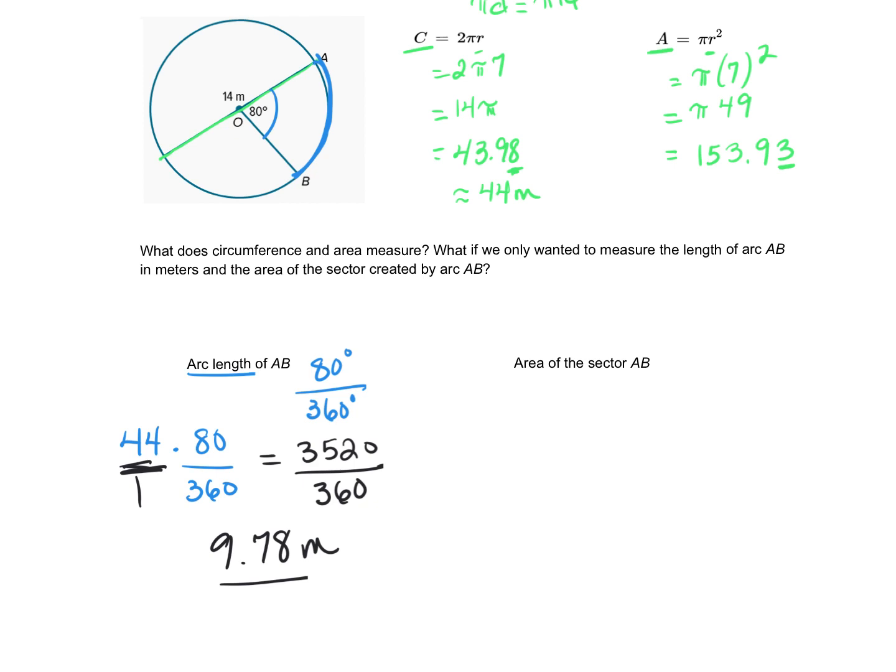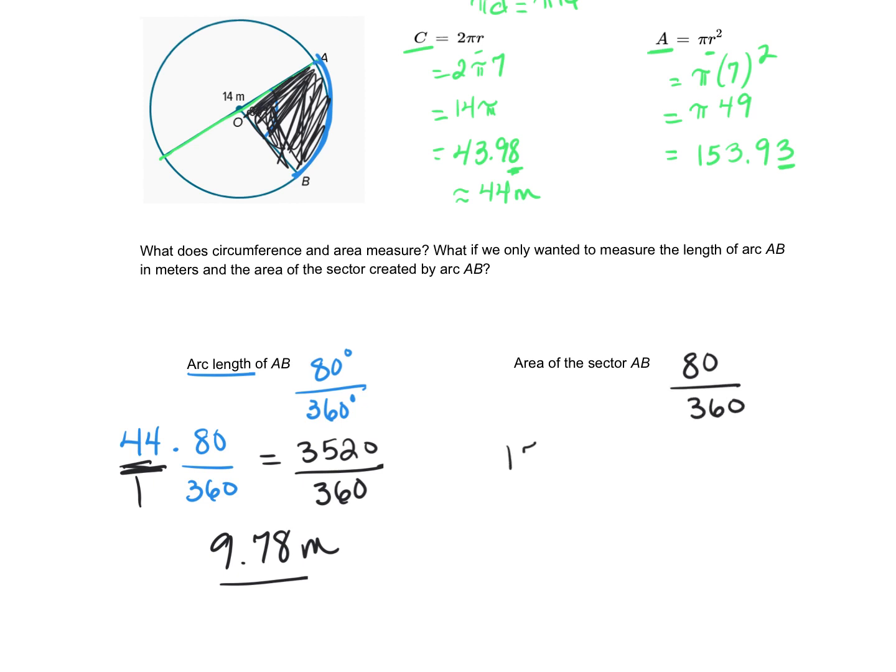I'm going to use the same exact strategy to find the area of the sector AB. The area represents this portion of the circle created by arc AB, which again represents 80 degrees of the total 360.